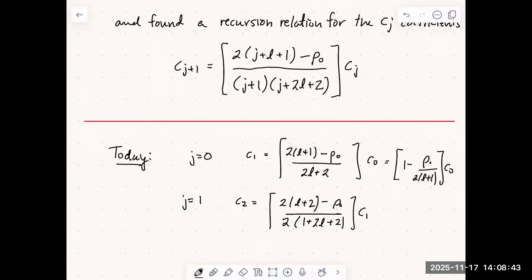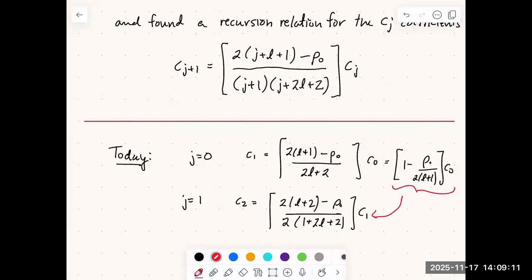But I already know C1 here, and I could take this expression and throw it in for C1. And so now I have C1 in terms of C0 and C2 in terms of C0. I could keep going and get C3 in terms of C2, but then I can use my C2 result and get C3 in terms of C0. So I could get all the coefficients in terms of just C0.